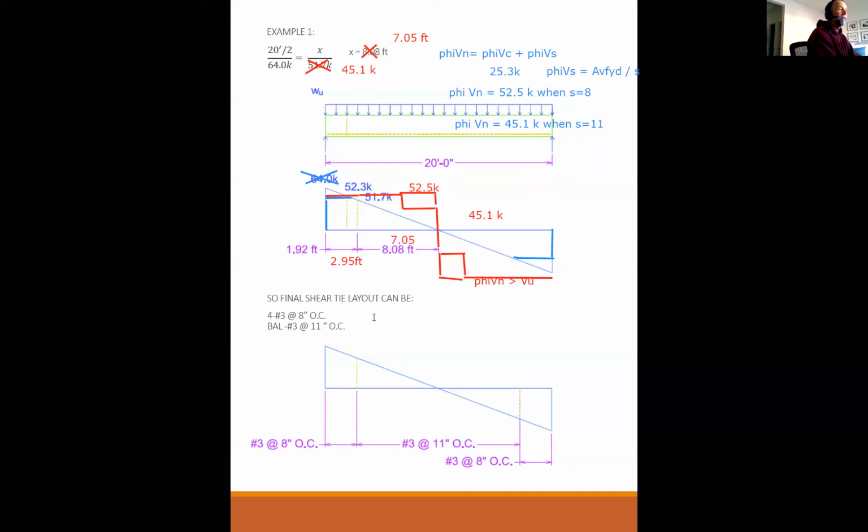What I did is 2.95 times 12 inches per foot divided by 8 inches, which is what I'm providing them at. And that equals 4.43, but you can't provide 4.43 ties, so round up to 5 ties at 8 inches on center.